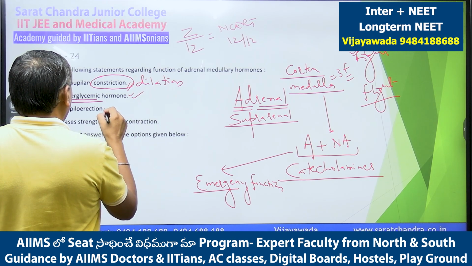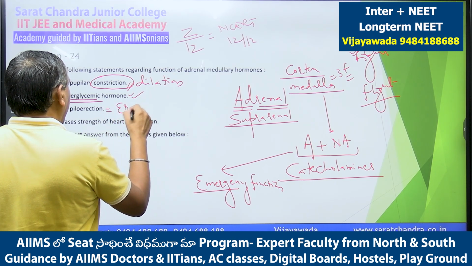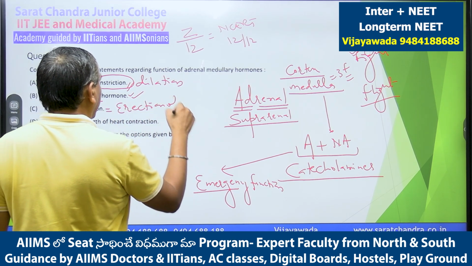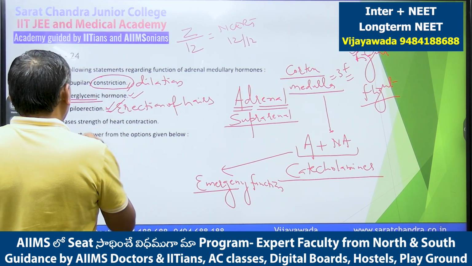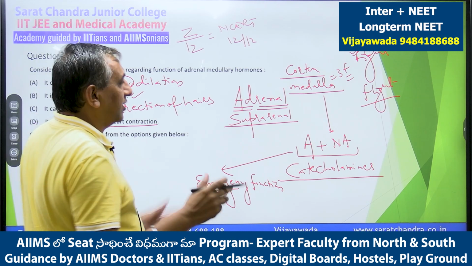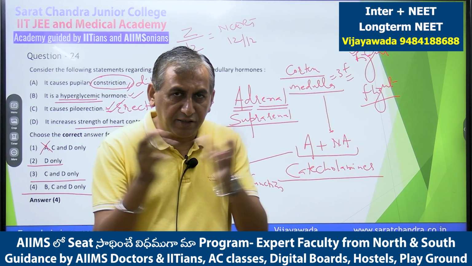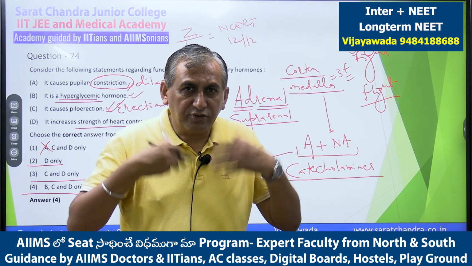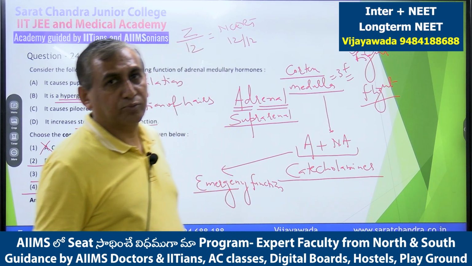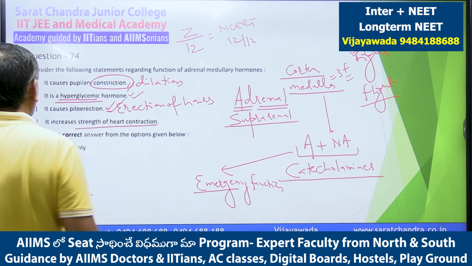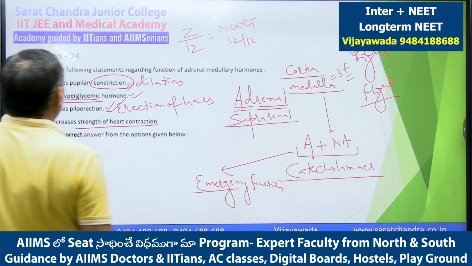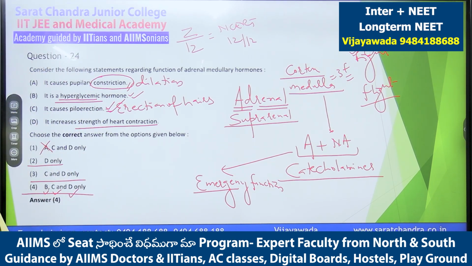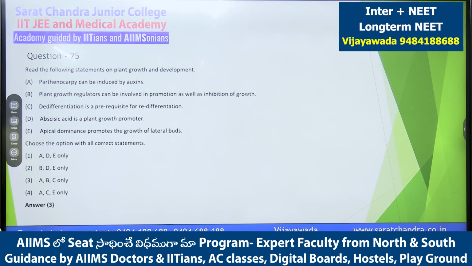It is hyper. Piloerection, erection of hairs, is a protective measure. Strength of heart contraction increases, yes, because the heart needs more contraction to supply more blood to the body, because the body needs more oxygen. So the remaining three are correct. Are you getting it? Directly from NCERT. So this is Zoology question number 12.